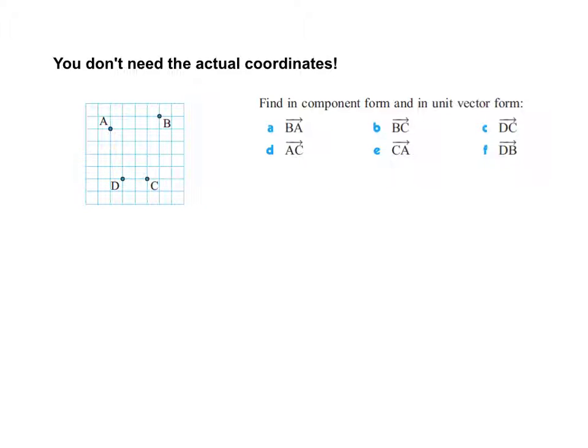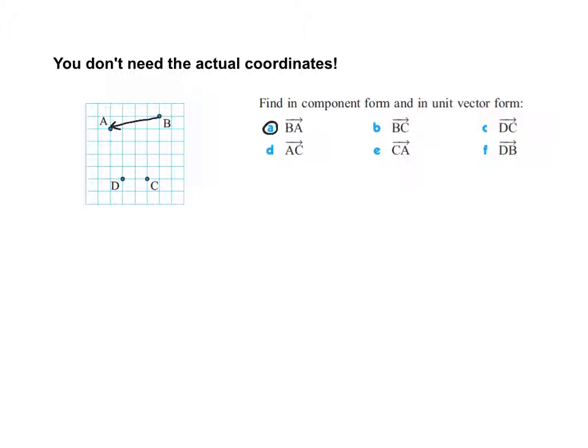So for example, if I wanted to write vector BA, basically I'm asking, what are the directions to get from B over here to A? If I were to draw that, vector BA, I need to go 4 units to the left and 1 unit down.